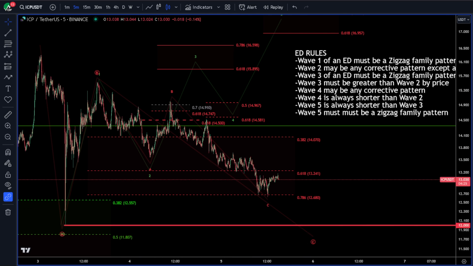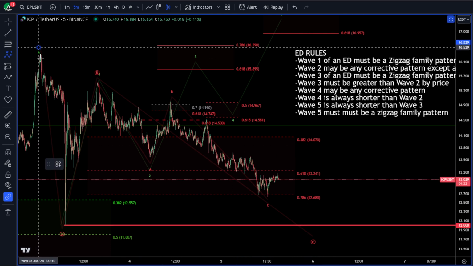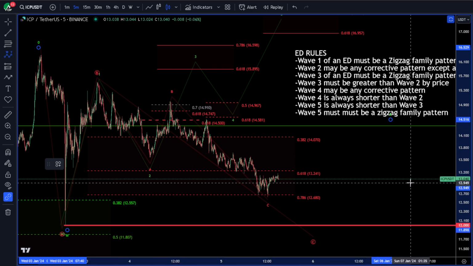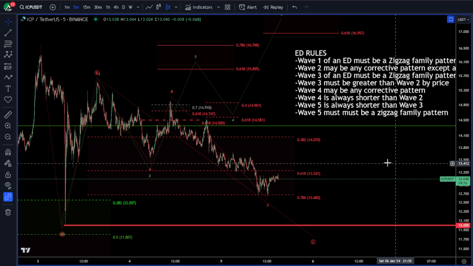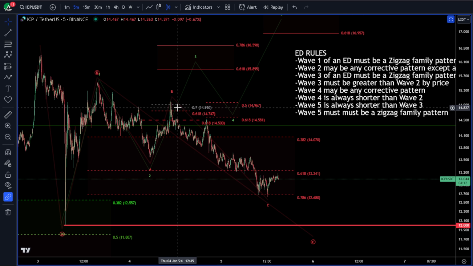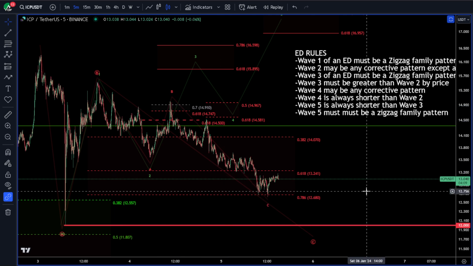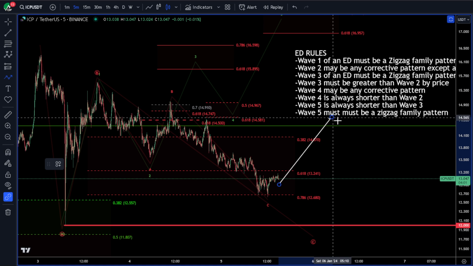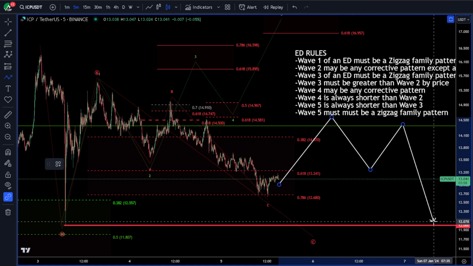So if this is a W wave on the larger trend, we can get a triangle. And this would be a zigzag, ABC to the downside. This can turn into a triangle. So keeping in mind that scenario, we can come up here, here, here, and come down.